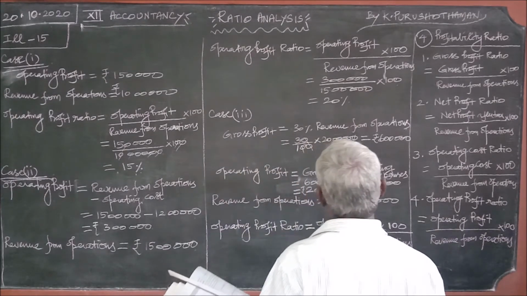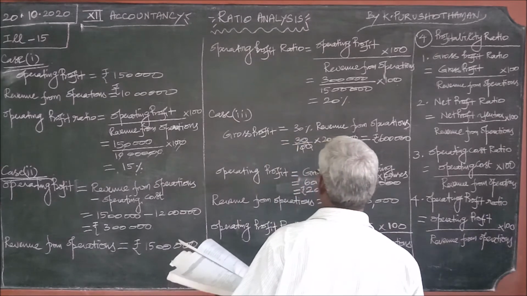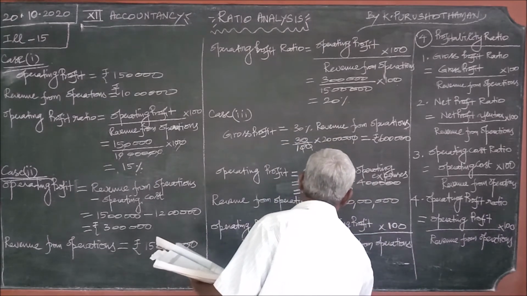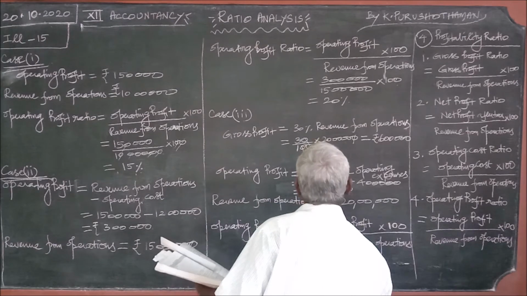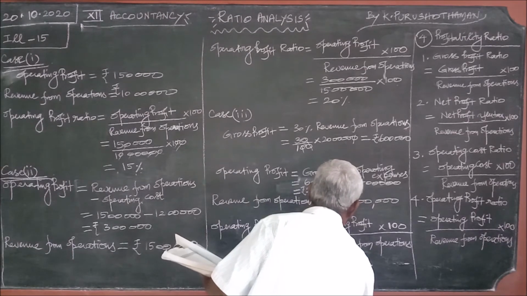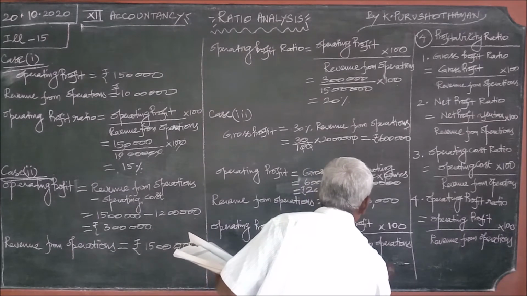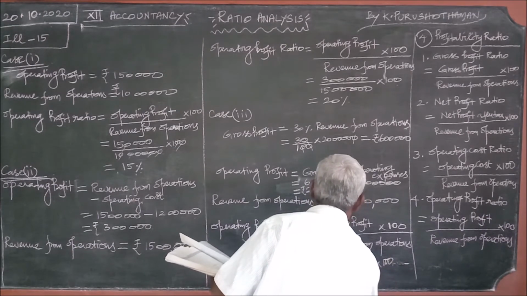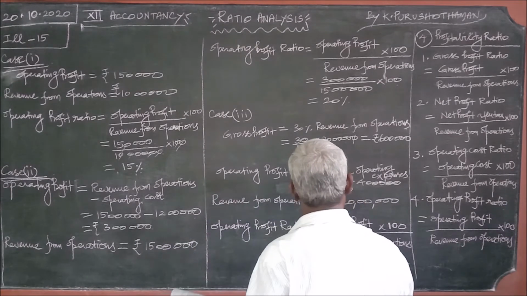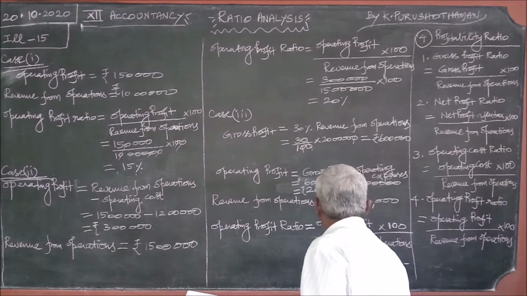So we know the values of numerator and denominator, substitute them. Operating profit is 2 lakhs, revenue from operations 20 lakhs, into 100, which is equal to 2 lakhs by 20 lakhs, 10 times 100 by 10, 10.